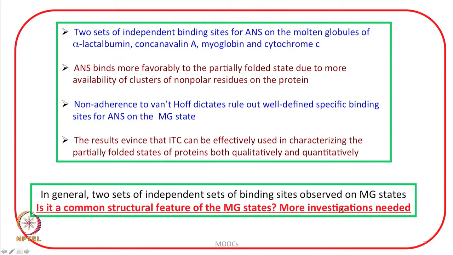More investigations are needed. As I mentioned, we cannot draw conclusions based upon one protein, two proteins, five proteins, etc. The experiments should be done with a variety of proteins in their molten globule state, and experiments also need to be done with the various partially folded states which are not even fitting into the traditional definition of the molten globule states, to draw more general conclusions.